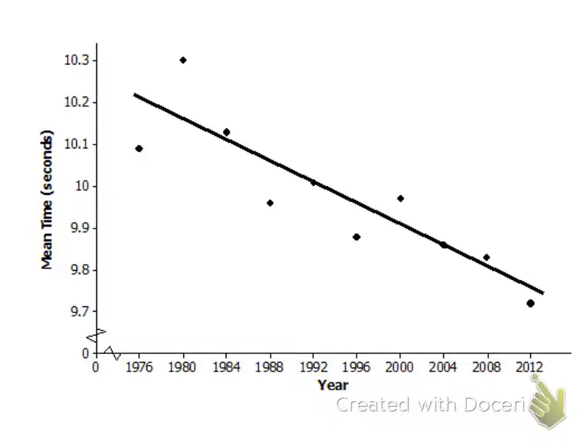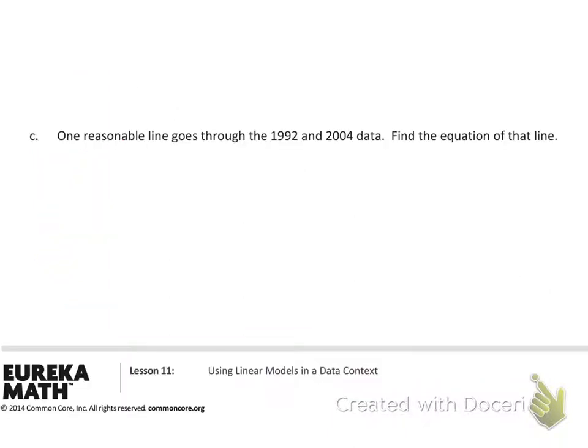Okay, so there's the line, and now we're asked to find the equation of that line. To find the equation of the line, once again, we're looking at y equals the slope times x plus a y-intercept.